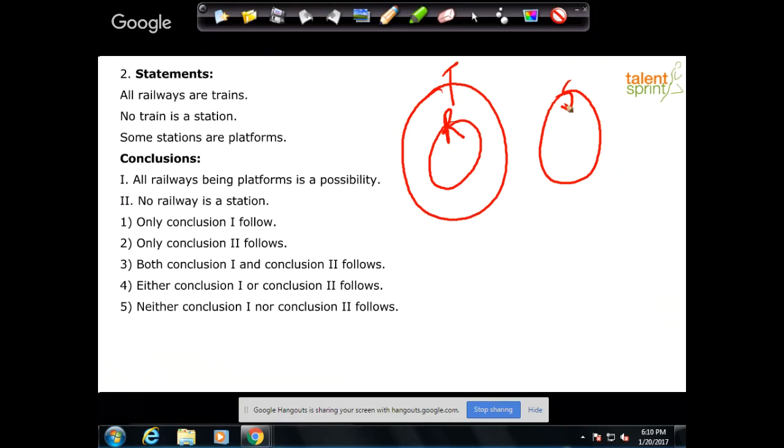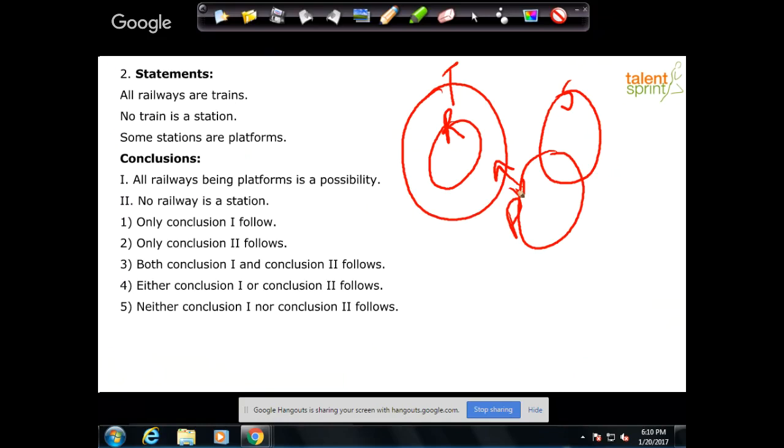There is no relationship between them. Then they tell us that some stations are platforms. Now, here arises a very interesting possibility that platforms may or may not be a part of trains. We do not know the relationship between them.